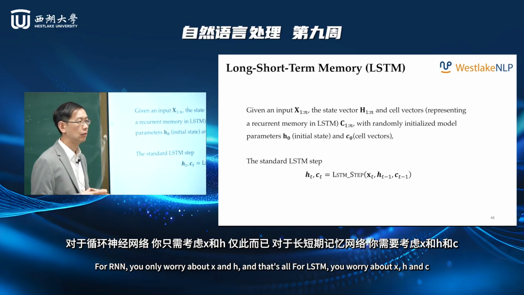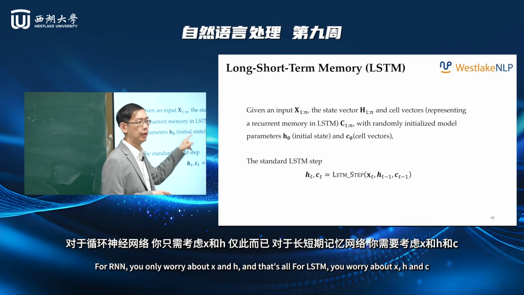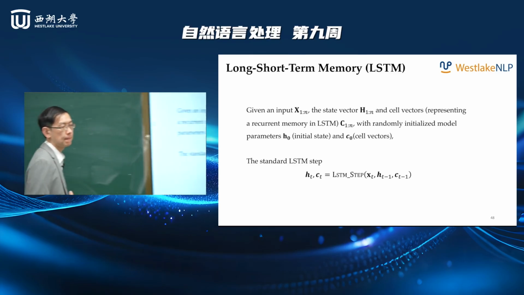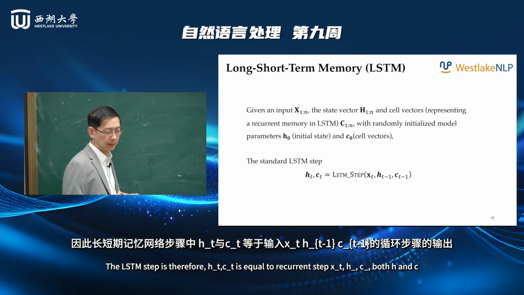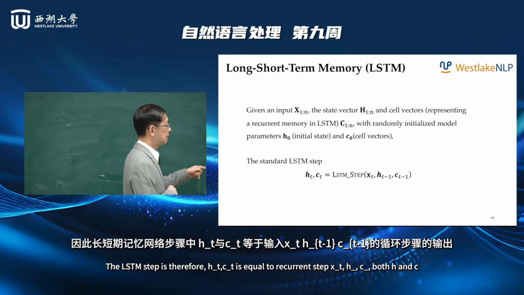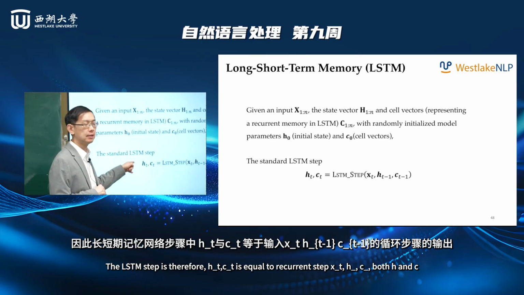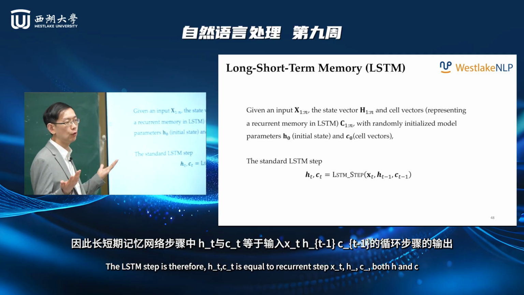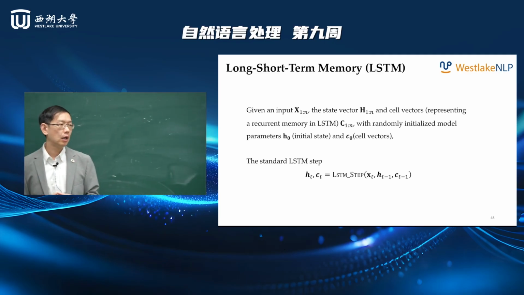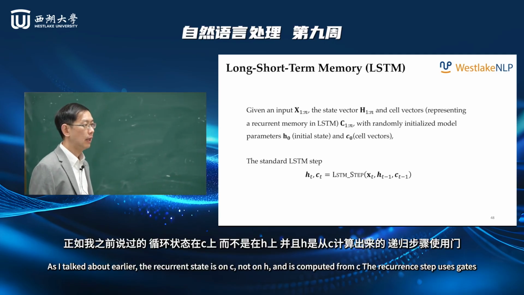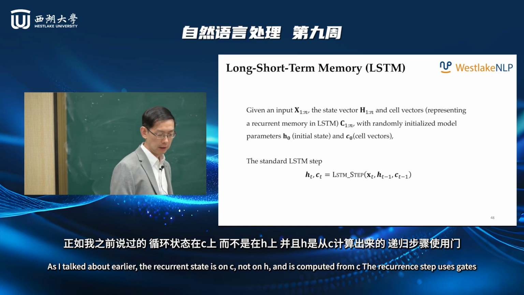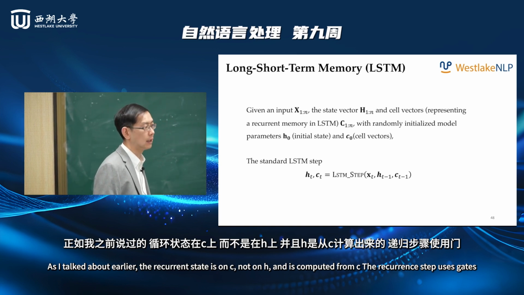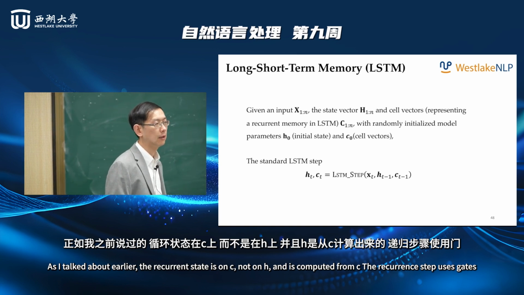For LSTM, you worry about X, H, and C. And the LSTM step is therefore HT, CT equals a recurrent step of XT, HT minus 1, CT minus 1. Both H and C. And as I talked about earlier, the recurrent state is on C, not on H. H is computed from C.